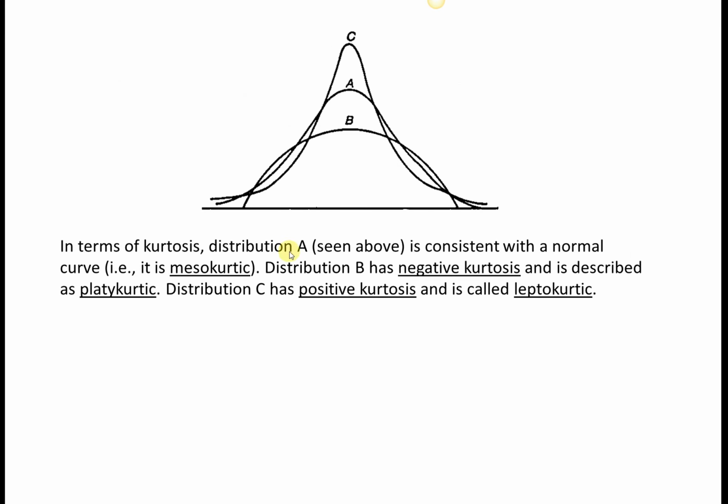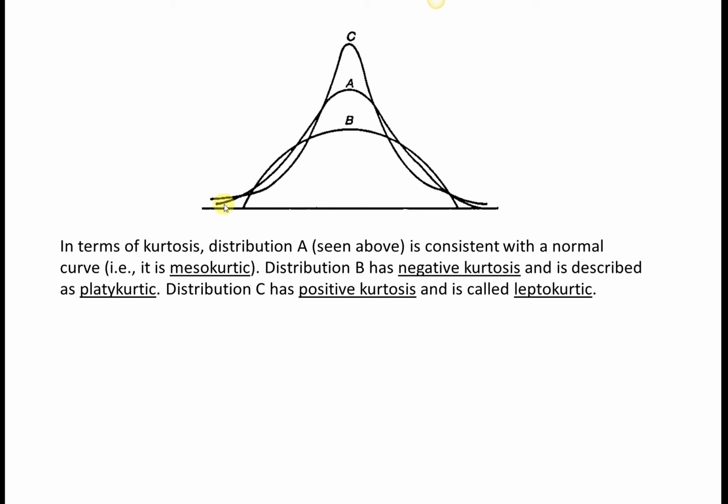In terms of kurtosis, kurtosis has to do with the relative peakiness to the tailedness of a distribution. Oftentimes kurtosis is described as the peakedness of a distribution, but it's actually comprised of two components: the peak and the tails of the distribution. So we have three types of kurtotic distributions here.